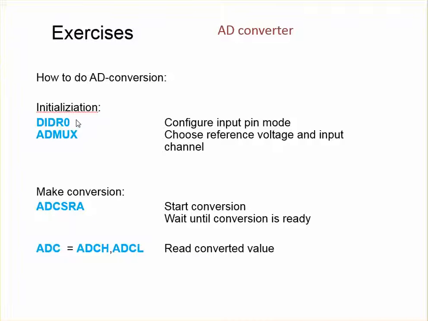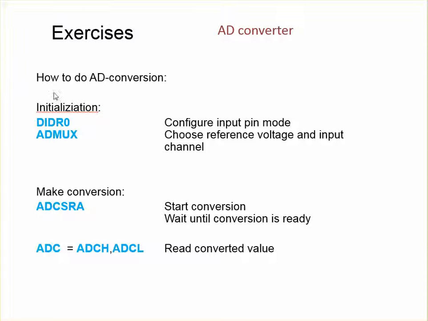And when the input pins have been configured, then we have to choose which reference voltage we are using. Are we using the internal or the outside reference voltage for our AD convert? And this was done with this ADMUX register.